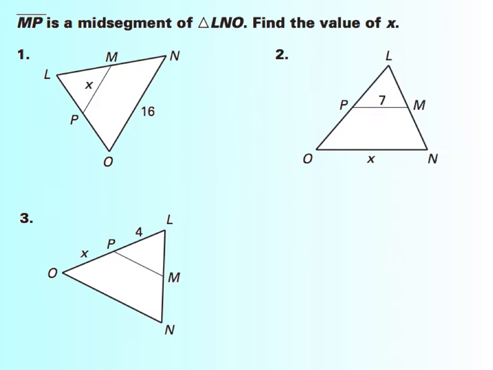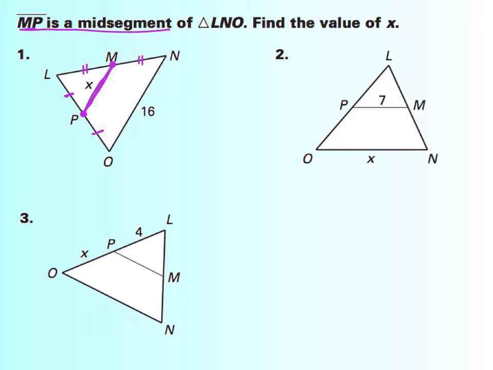Let's apply this. Here's our first set of examples. If I take a look at my picture here, number 1 says MP is a midsegment. So that means LM is congruent to NM because M is the midpoint, and LP is congruent to PO because P is the midpoint.